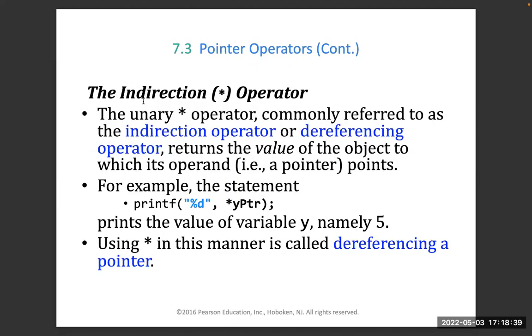Okay, so the indirection operator, star. The unary star operator, commonly referred to as the indirection operator or the dereferencing operator, returns the value of the object to which its operand points.